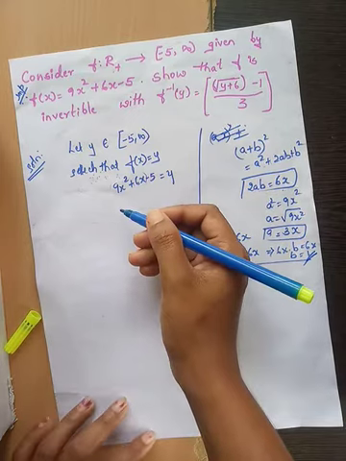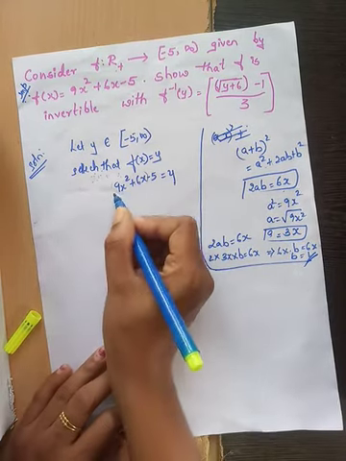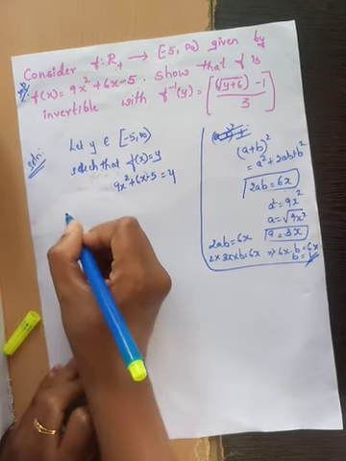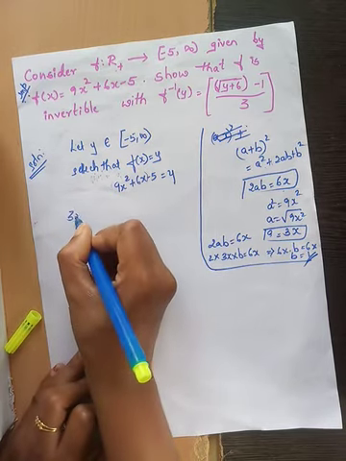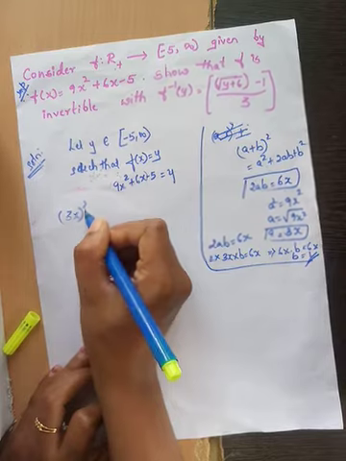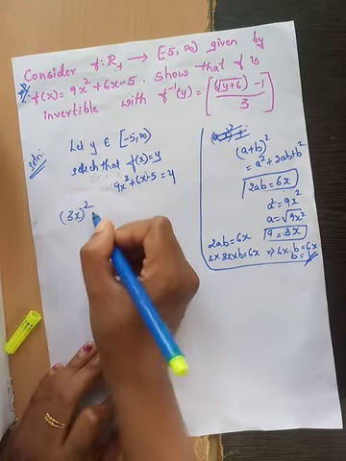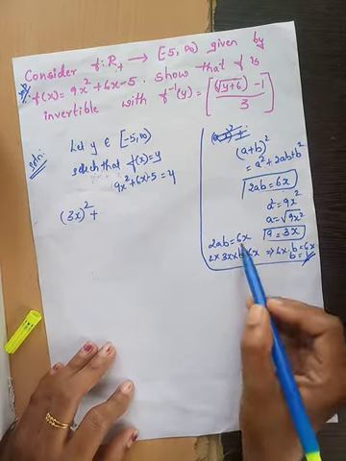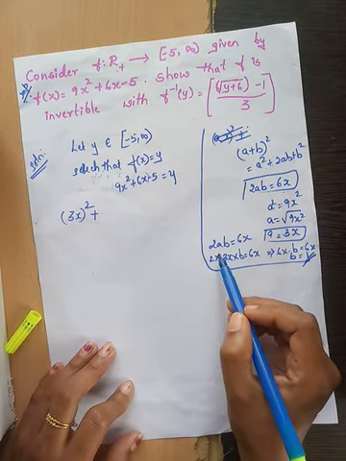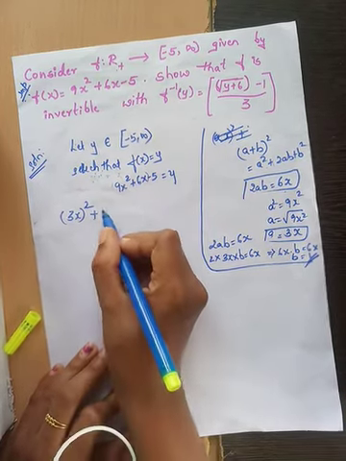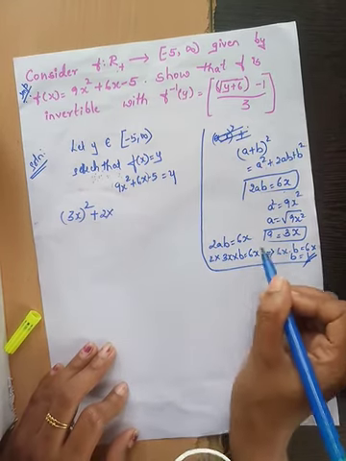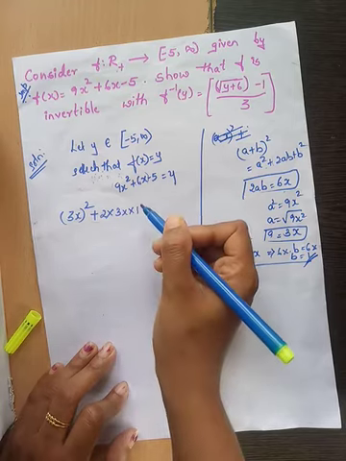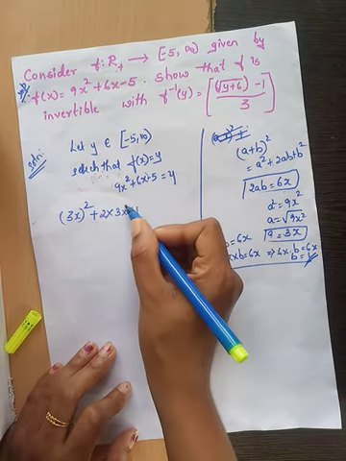Now what we will do is write 9x square as 3x whole square, correct? 9x square is nothing but 3x whole square, and 6x can now be written, since we are considering it in 2ab form, as 2 into a, which is 3x, into 1, correct? A is 3x into 1.